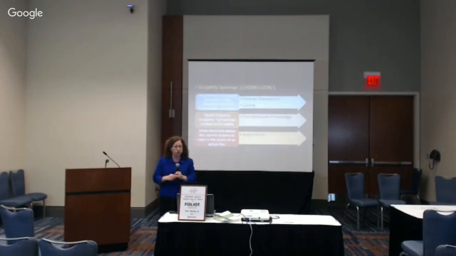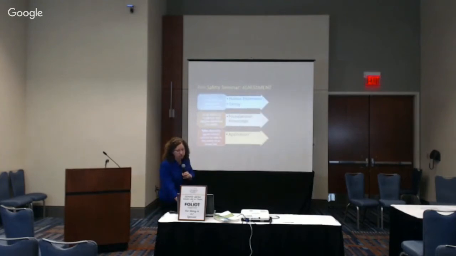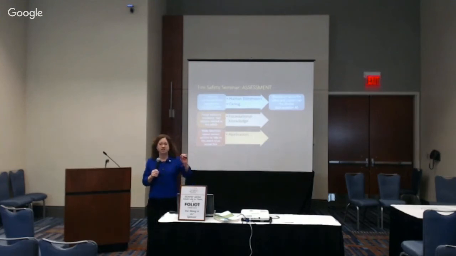Our learning goals were to value the importance of fire safety in the residence halls for themselves and others, recall Auburn's residence hall policies related to fire safety, and make decisions about the correct actions to take in the event of an actual fire. We assess this by having discussions about a fire video. We found one online that shows the burning room and how the flames go in less than 2 minutes.